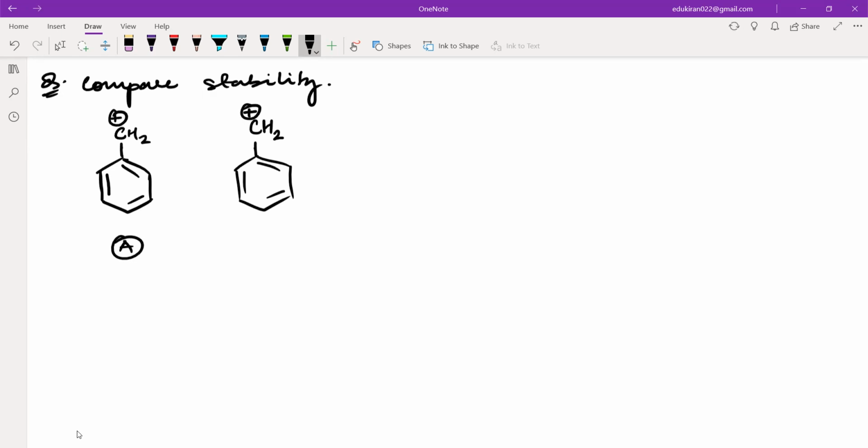CH2 positive, and there is an OH group attached here. There's an NO2 group attached.